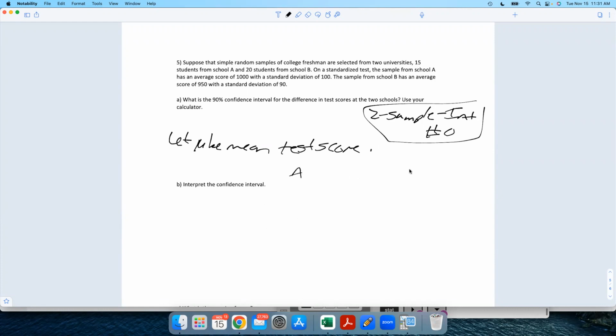So we got A and B. Each group is going to come with an X bar, an S, and an N. Let's see, 15 from A, 20 from B. School A had an average of 1,000 with the standard deviation of 100.